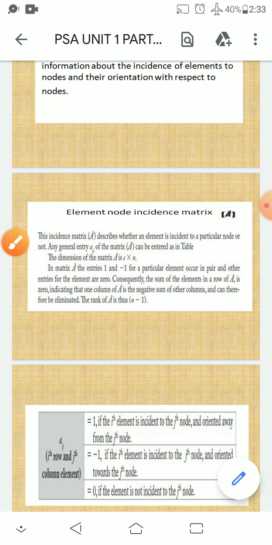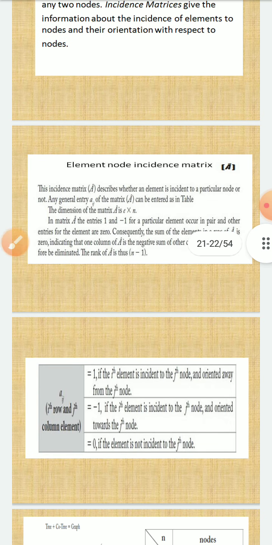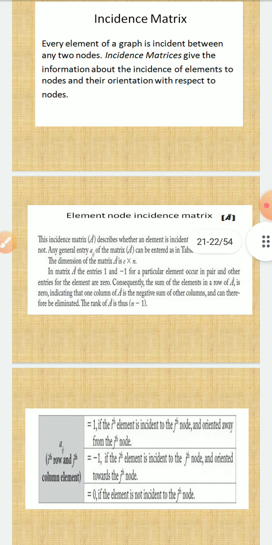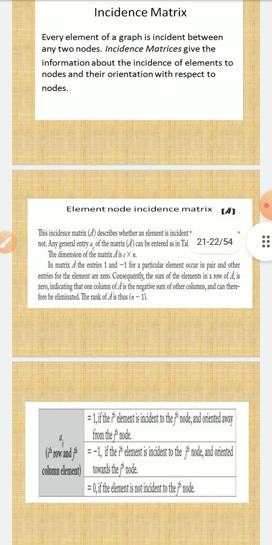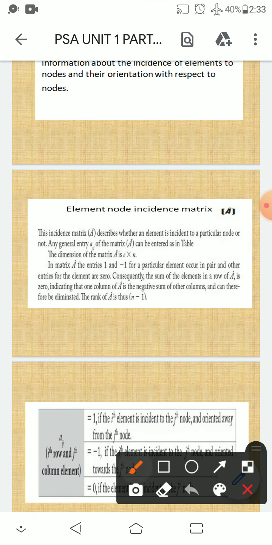A of ij are the elements in the matrix. The entries of matrix A are 1, minus 1 and 0. The sum of the elements in a row of A is 0, indicating that one column of A is the negative sum of the other columns and can therefore be eliminated. So the rank of the A matrix is n minus 1.